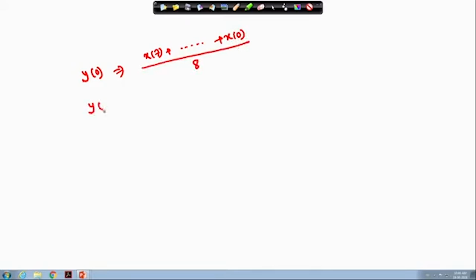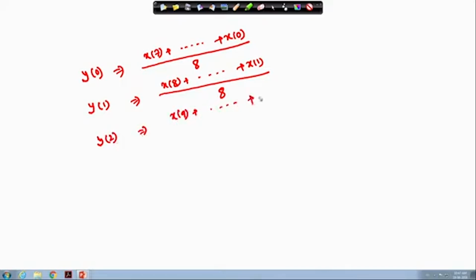Then y 1, what I said, is x 8 to x 1 divided by 8. Then what is y 2? That is x 9 to x 2 divided by 8. So, something like this it is happening up to y n.